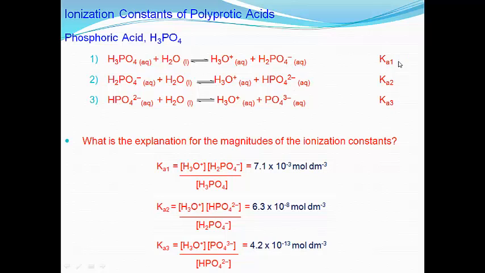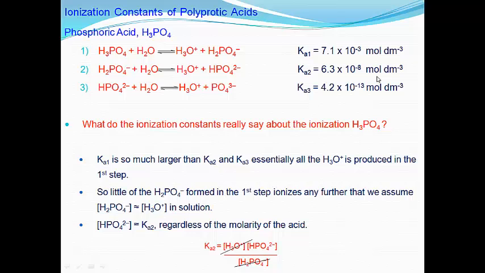And so that is simply the reason why Ka1 is greater than Ka2 and Ka3, because the formation of the corresponding anions as we go down the steps of the ionizations becomes more challenging, and so the equilibrium is less likely to be directed to the right, but more likely to be directed to the left, essentially.